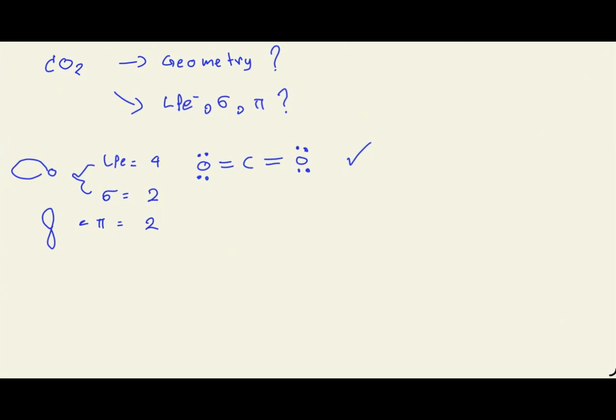Okay, let's draw it. Carbon is in the center. It has hybrid orbitals for the sigma bonds. So the hybrid orbitals go to touch oxygen. For oxygen, it also uses hybrid orbital because it has a single bond too. And they connect, right?